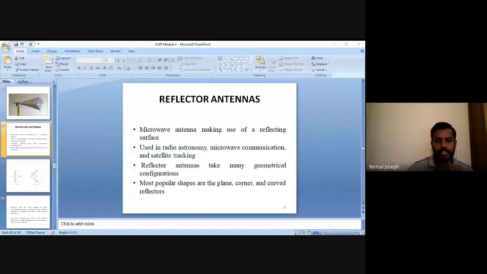So reflector antennas are basically reflectors. One source will be placed, and from that source the rays will come, and the reflecting surface will reflect them into a particular direction.